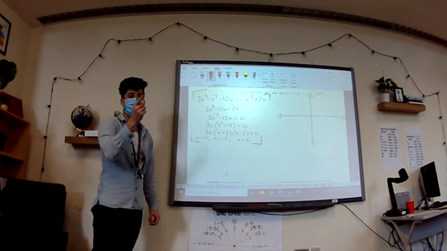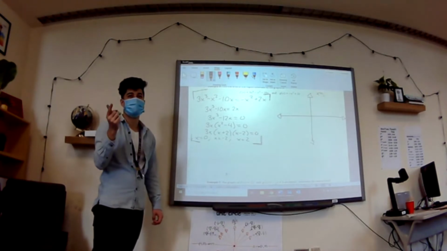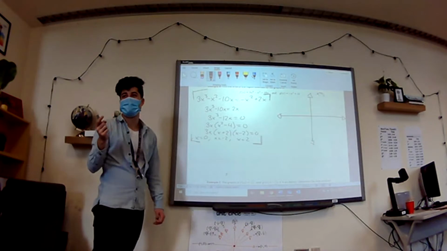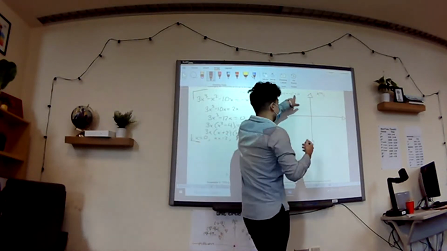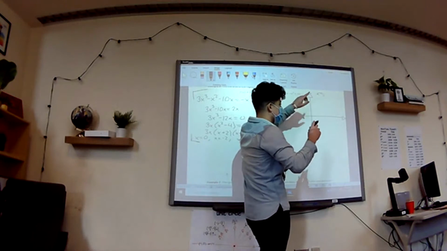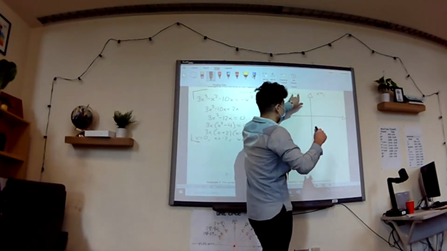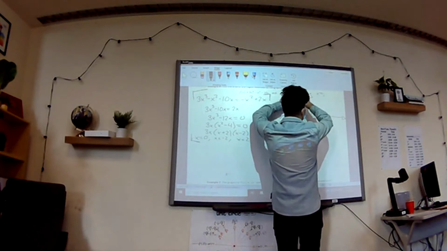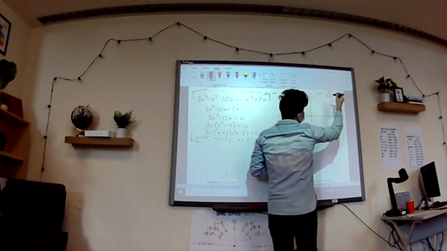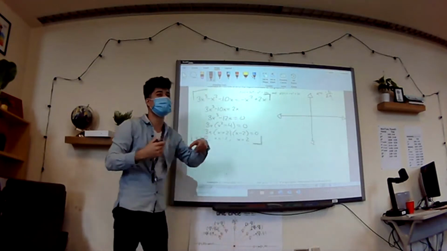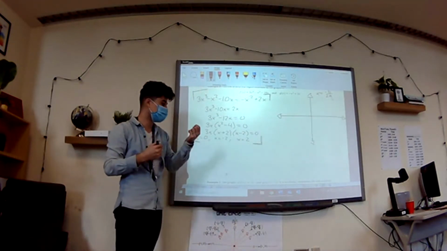Any guesses, do you guys remember? All right, the x-coordinate of the vertex of your parabola, there's a way to figure it out by using your a and b values. It's negative b over 2a. That'll give you the x-coordinate of your vertex.